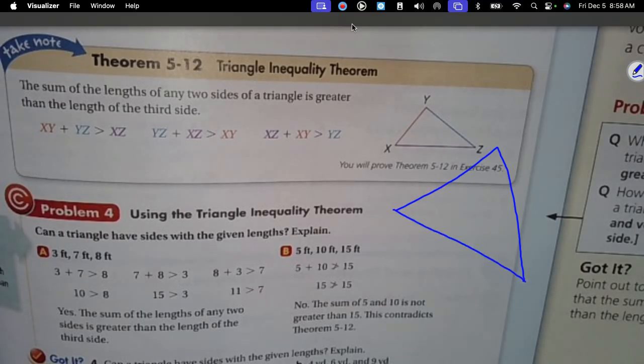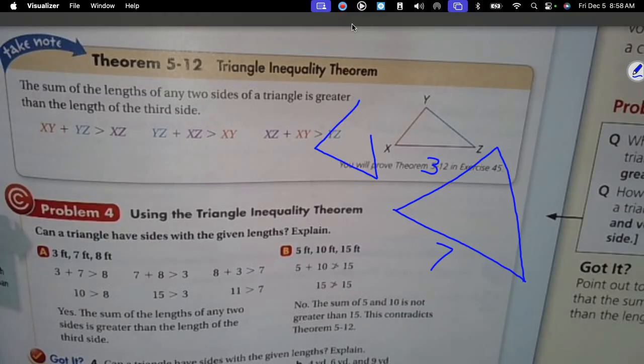Or if this is 3 and this is 7, it has to add up to be bigger than that. Otherwise, the triangle will have a gap, like that.